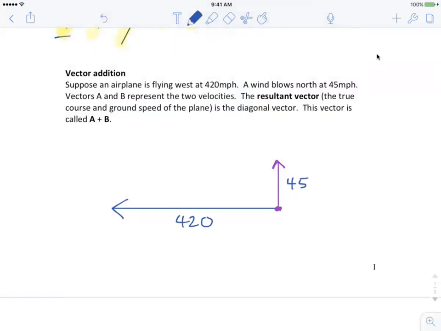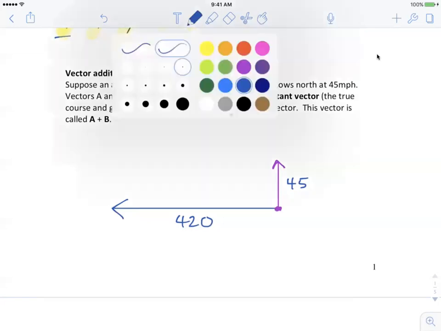So if the plane is trying to go 420 miles per hour to the west, but there's a wind blowing 45 miles per hour north, what's the true course of the plane? The way you do that is you draw a parallelogram, or in this case, a rectangle. Let's try that with yellow.